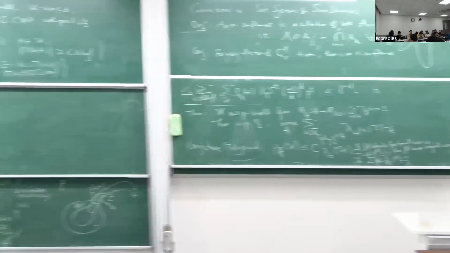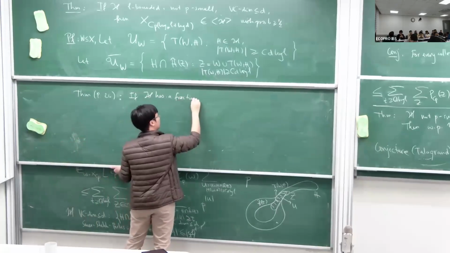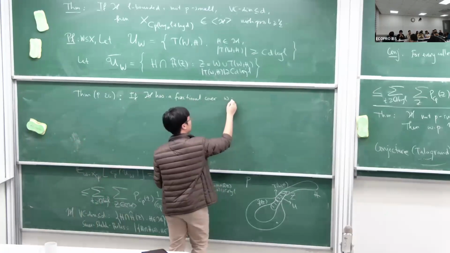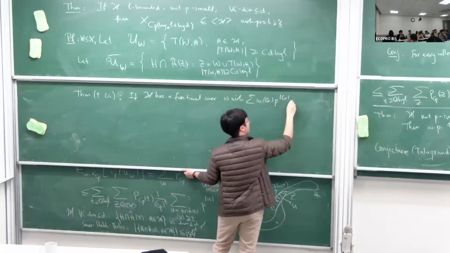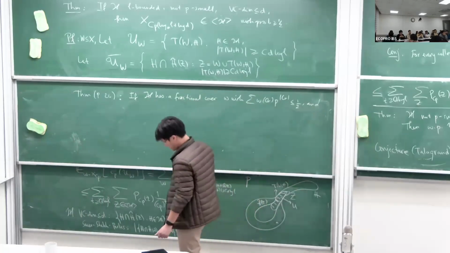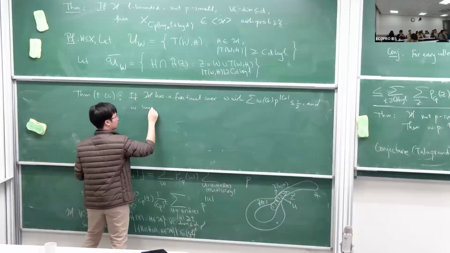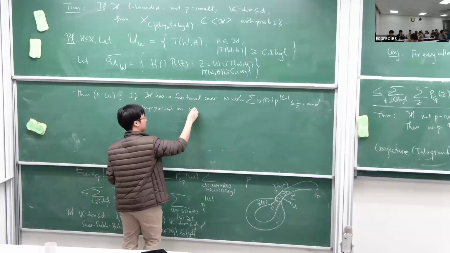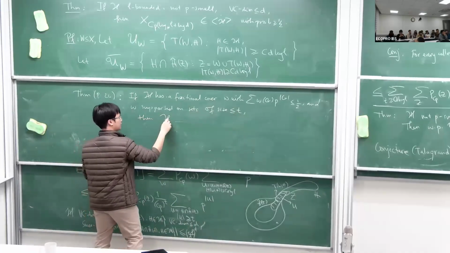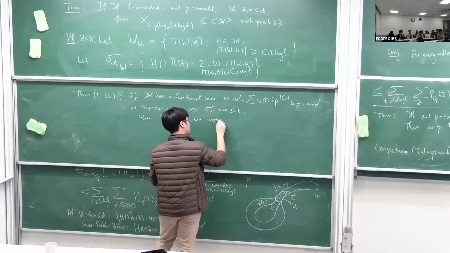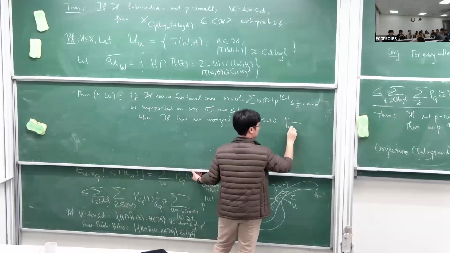And what we know now is that if H has a fractional cover W with small count, and W is supported on sets of size at most T, then H has an integral cover that is p over log T small.